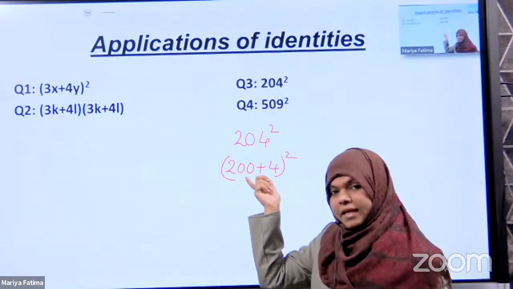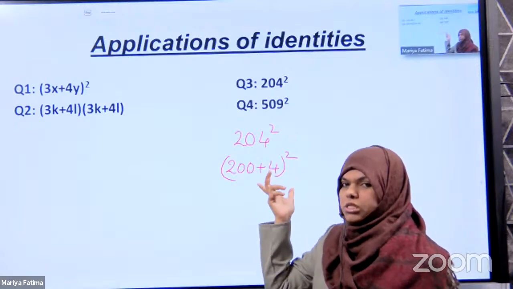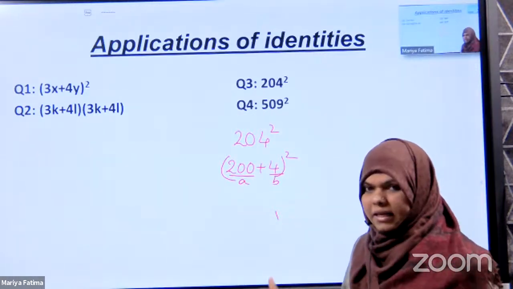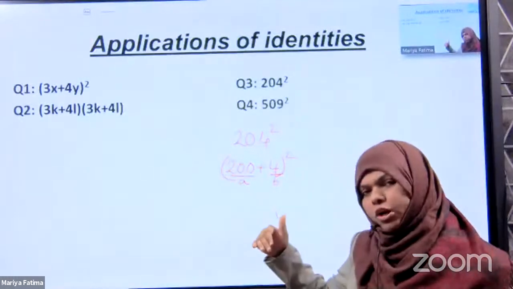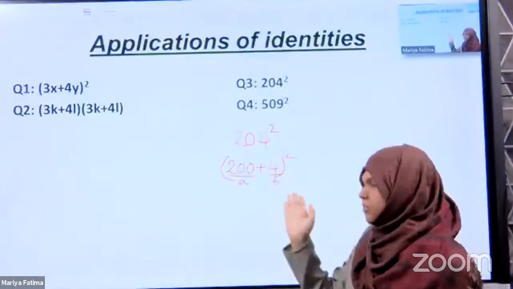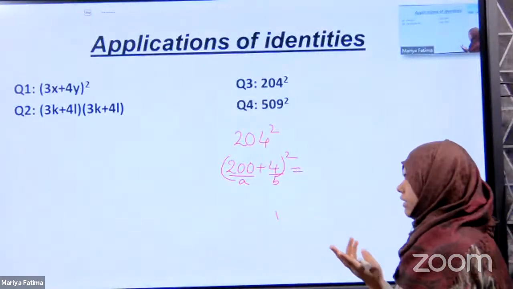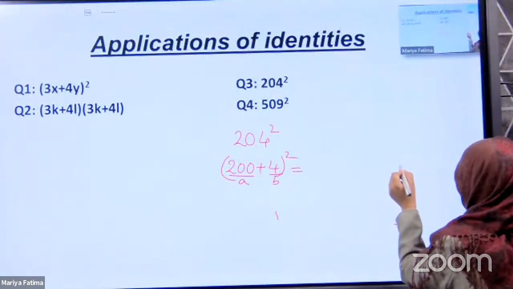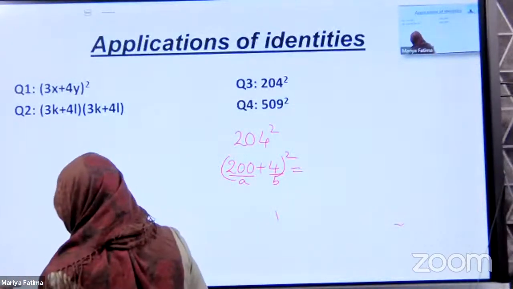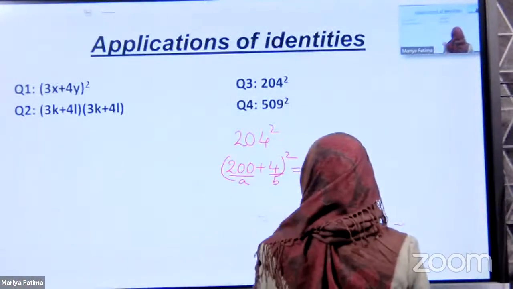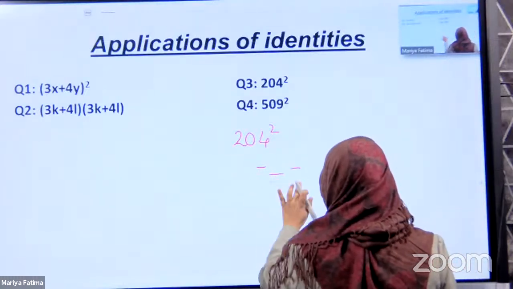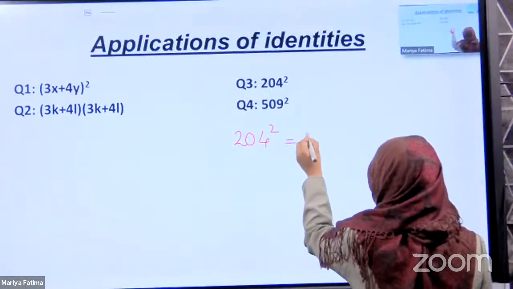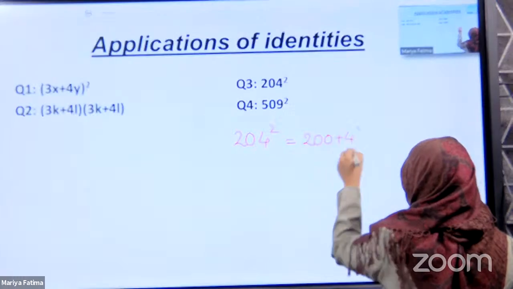Now this is in your identity form, (a plus b) whole square, where a value is 200 and b value is 4. So instead of multiplying 204 into 204, we are using the identity in this way. Now you have to apply that identity. Here I am writing 200 plus 4 square.